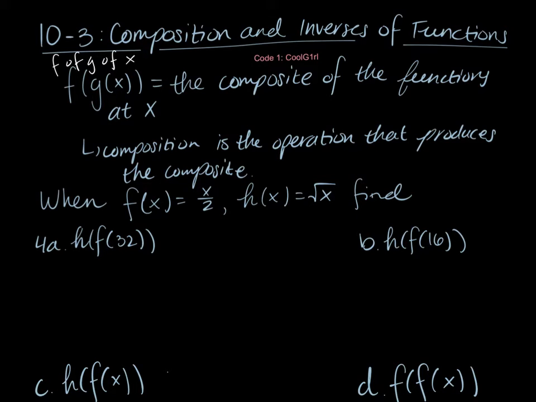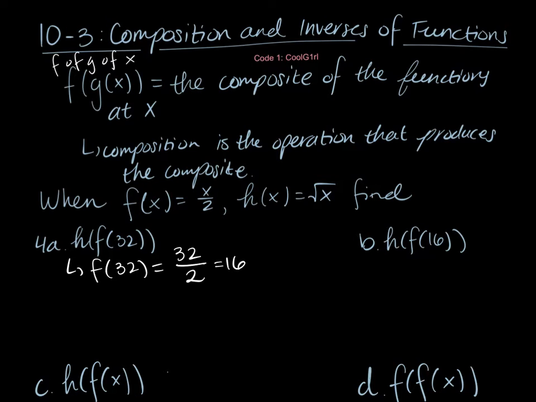First let's figure out f of 32. Notice I do not put an equal sign. H of f of 32 is not the same as f of 32, so you need to not use equal signs here. Arrows are preferred. For f of 32, I plug in 32 for x in my equation for f of x. So I get 32 over 2, which is 16.